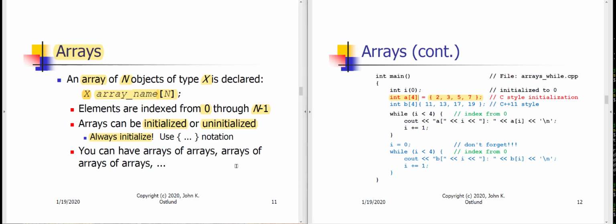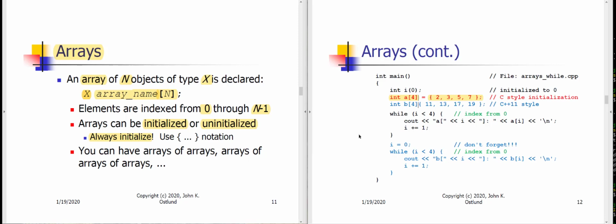Now, you can have arrays of almost anything that you want in C++: arrays of ints, arrays of chars, arrays of doubles, and so on. One example of something that you can't have is an array of void. Void has no value, occupies no memory. If you attempt to declare an array of void, the compiler is going to scream at you about that.